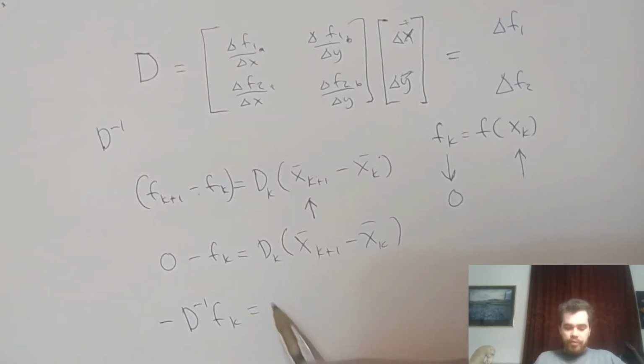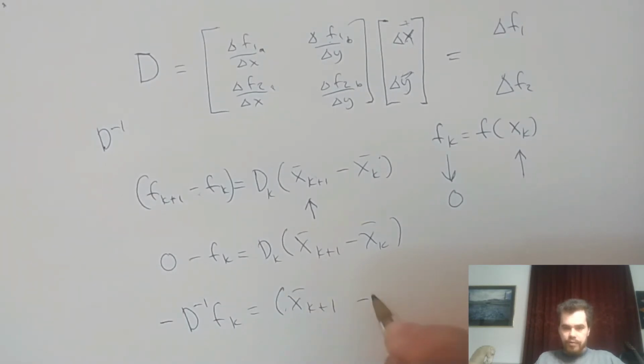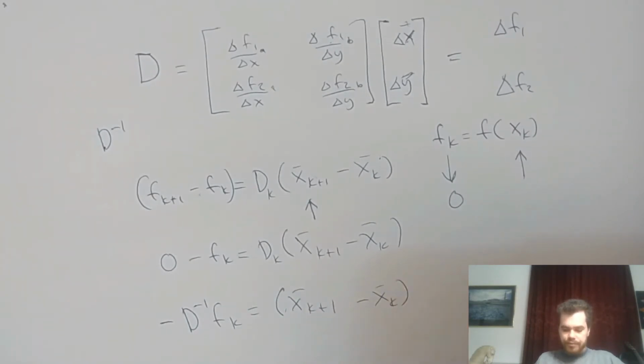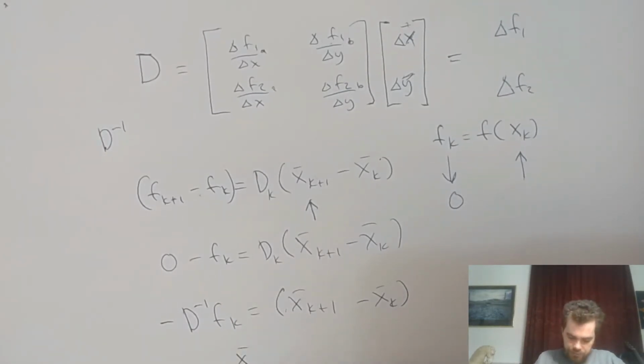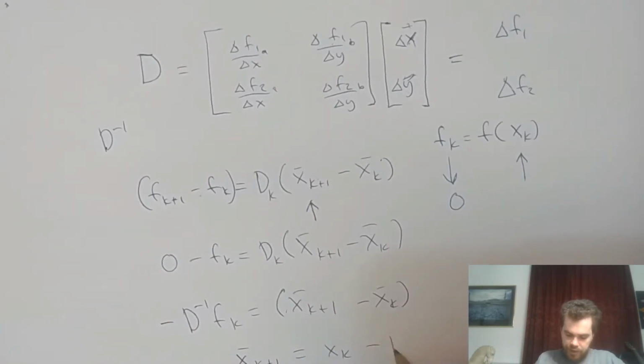So I'm not going to bother to write D to the minus 1 times D. I'm just going to write x_(k+1) minus x_k. And then all we have to do is bring x_k over, and suddenly we've got something that looks an awful lot like Newton's method: x_(k+1) is equal to x_k minus D to the minus 1 f_k.